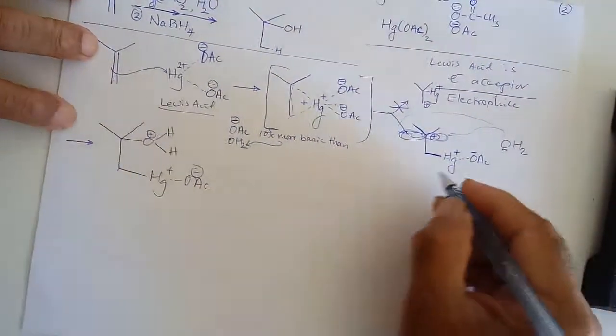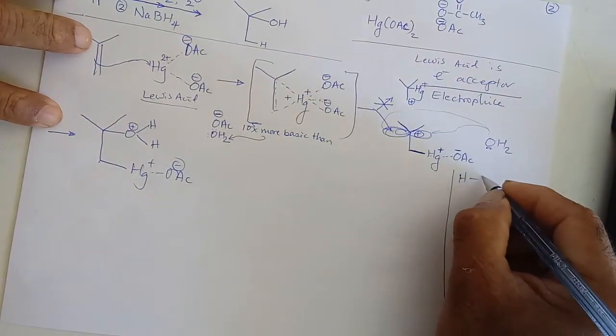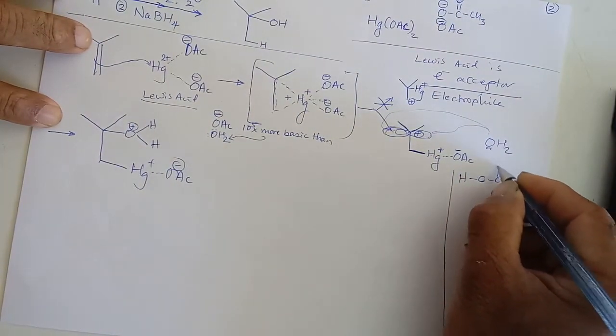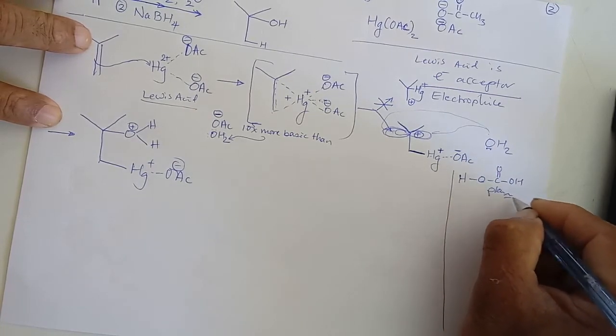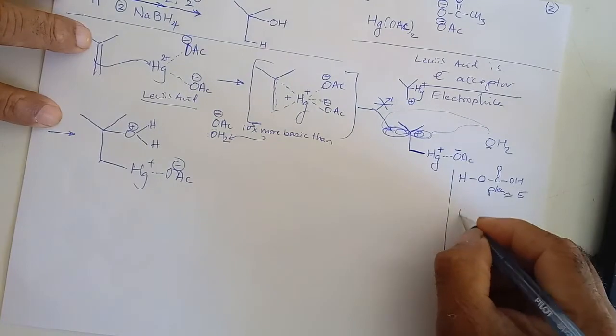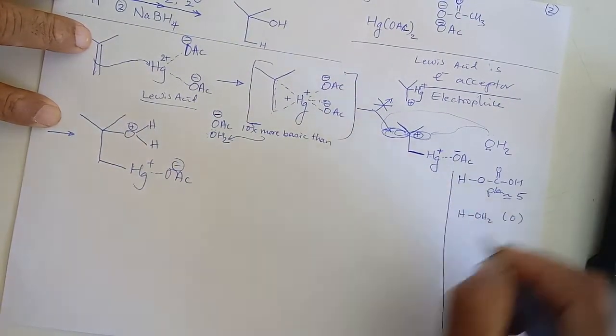How so? Well, this is where we can look at the pKa. HOC(O)CH3 has a pKa around 5, while H3O+ has a pKa of 0.